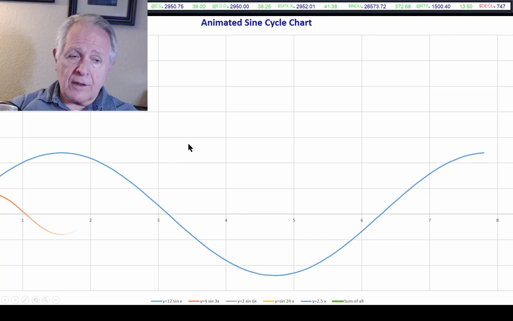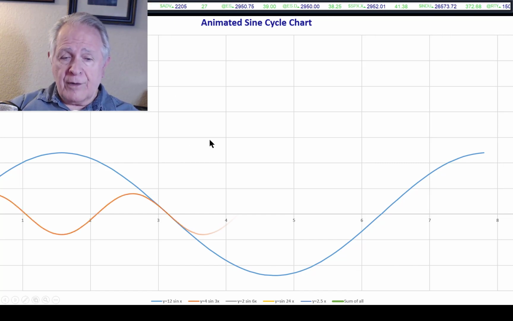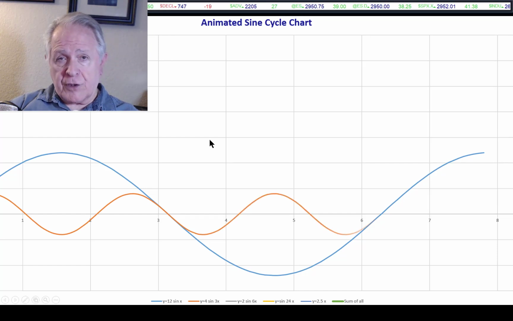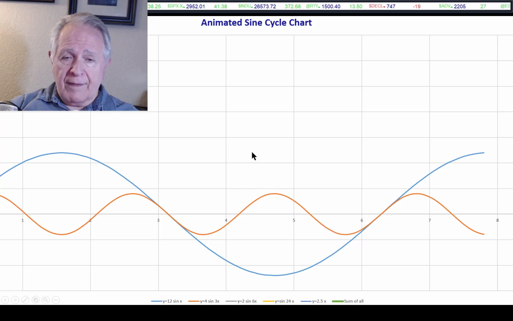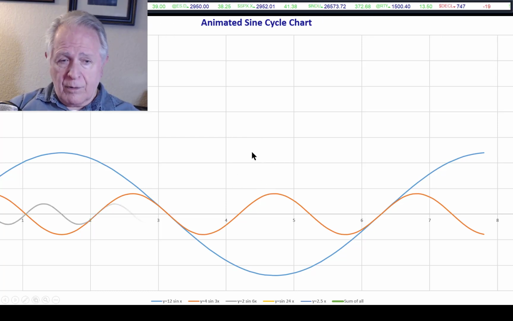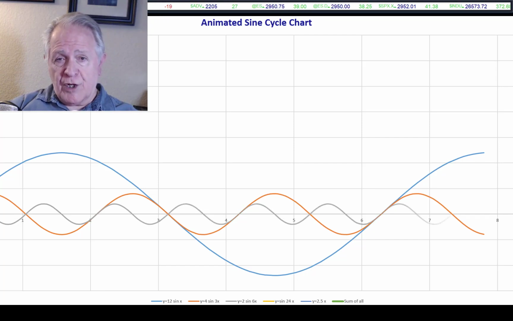And then to go along with it, you have another sine wave. It's shorter in time in terms of its tops and bottoms, and it's smaller in magnitude. And then add a third sine wave. That's the gray one that you see traversing up and down perfectly from left to right. And we're going to do one more, the shortest one of all.